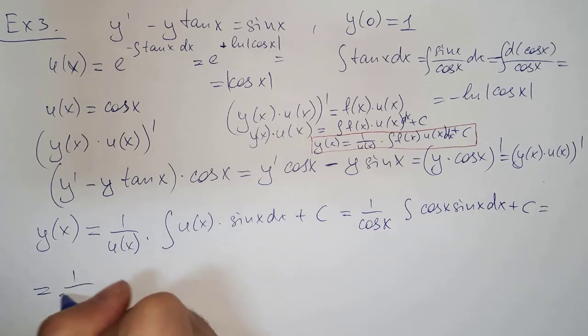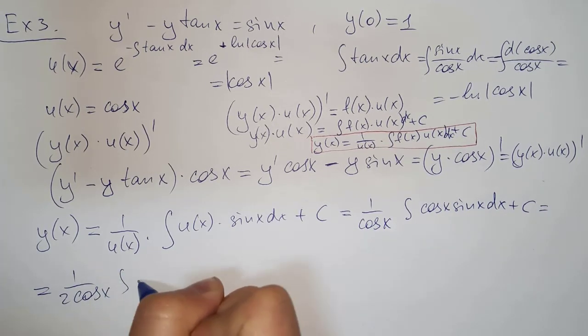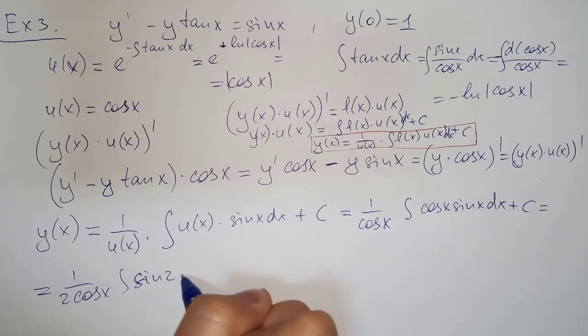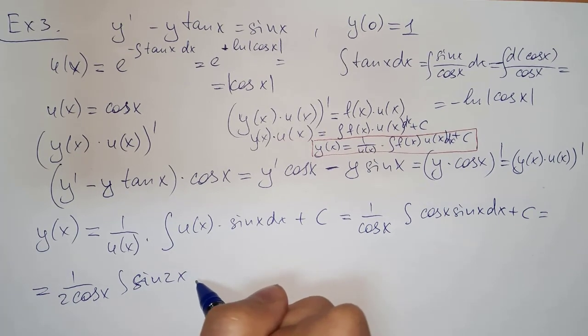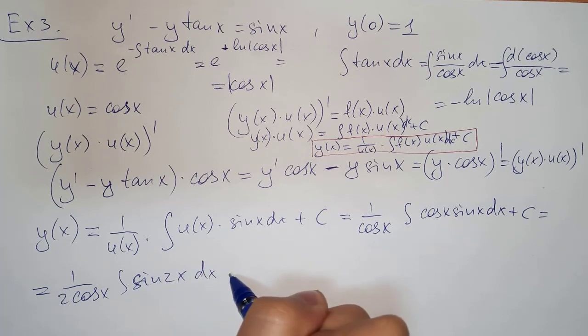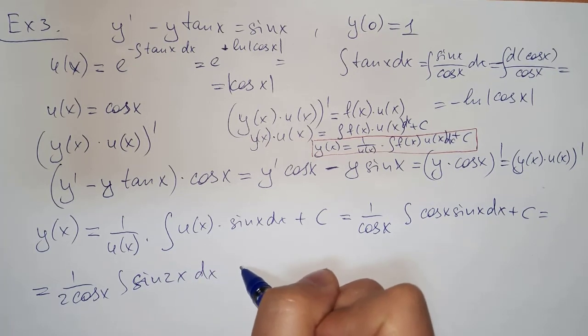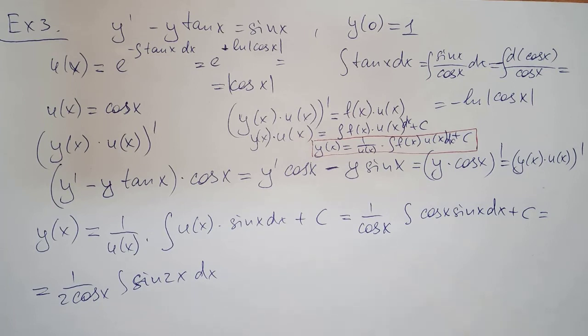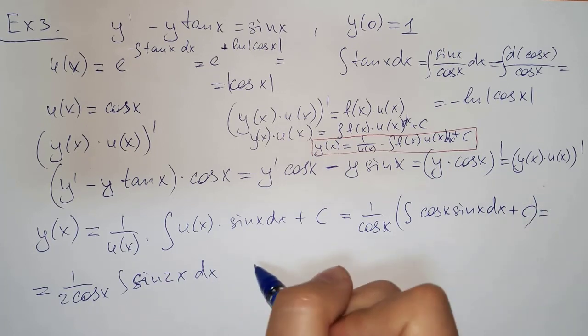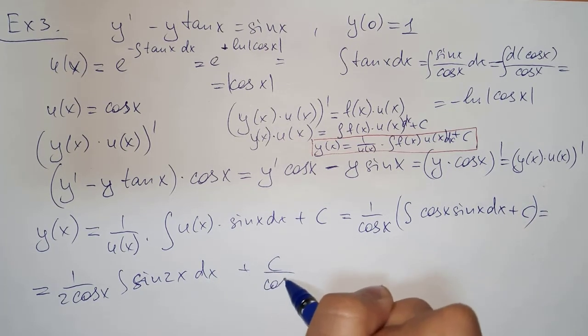So it will be 1 over 2 cosine x times the integral of sine 2x dx, plus c in brackets, which we also divide by cosine x.